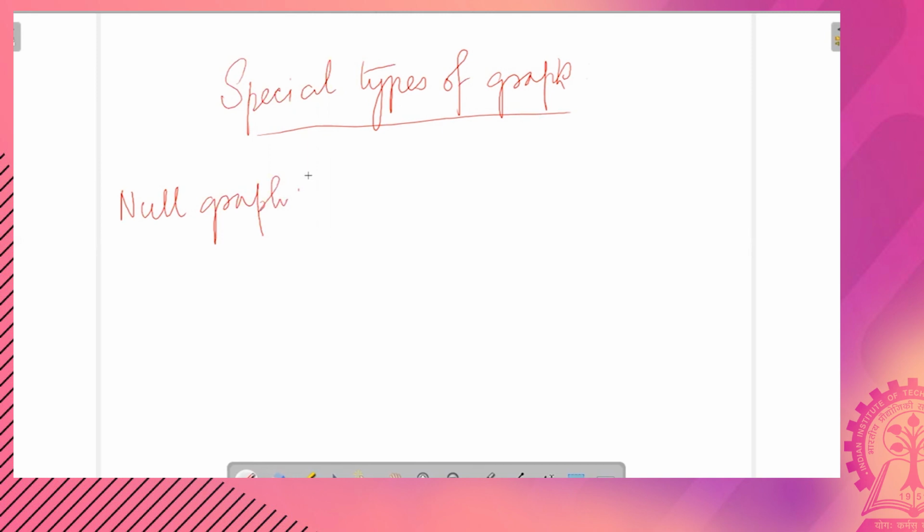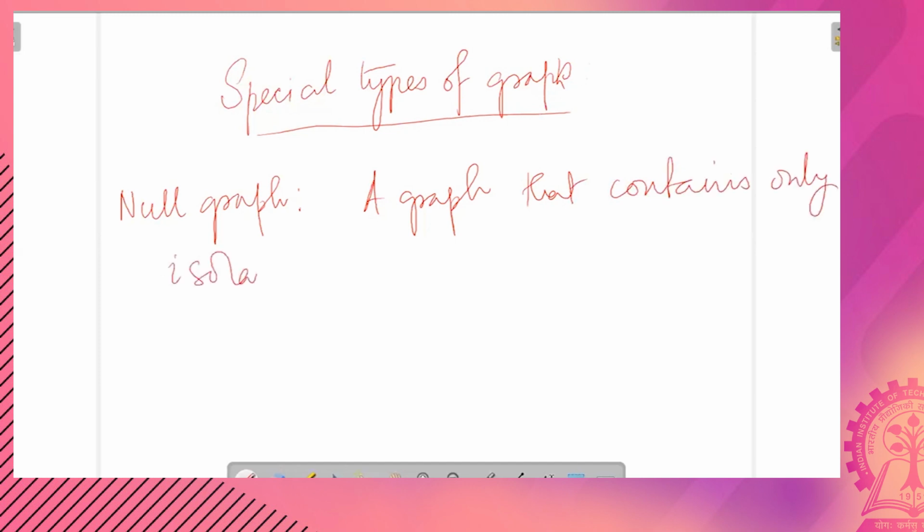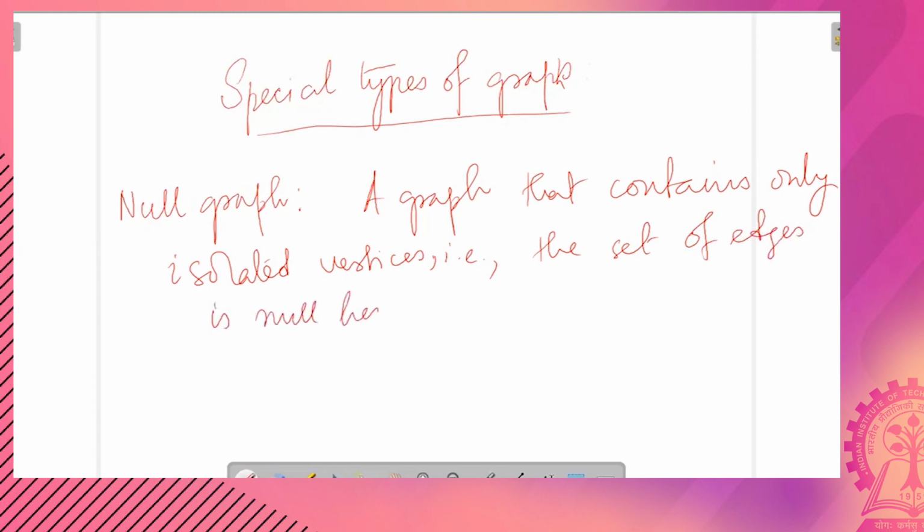As the name suggests, a null graph is a graph that contains only isolated vertices. That is, the set of edges is null here. An example could be a graph like this.